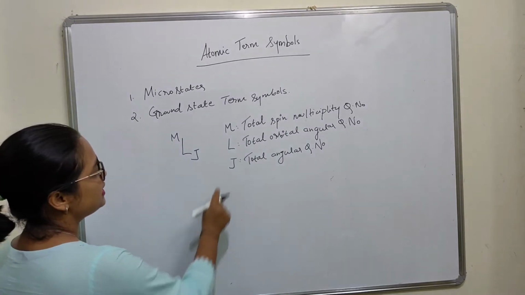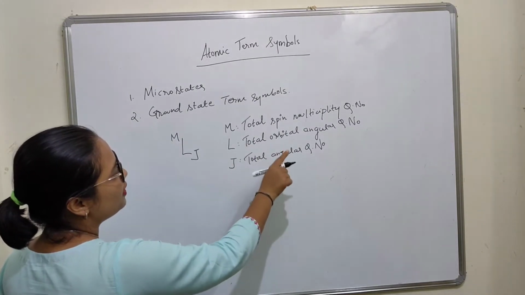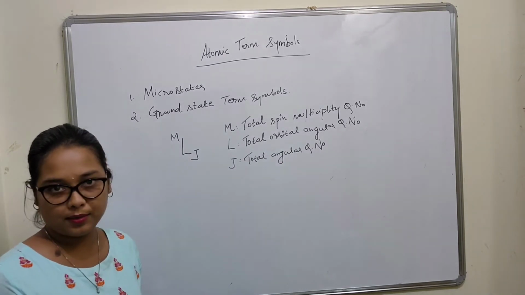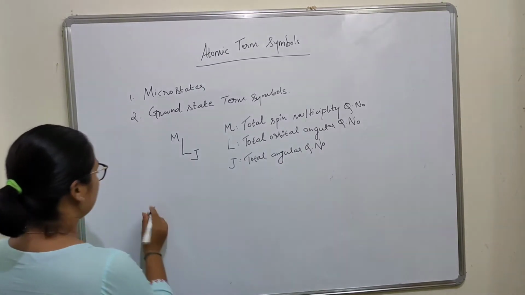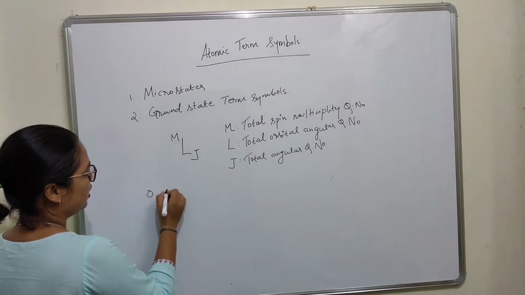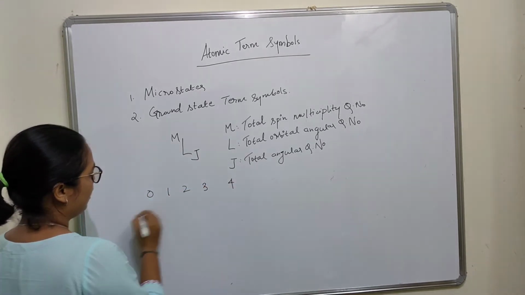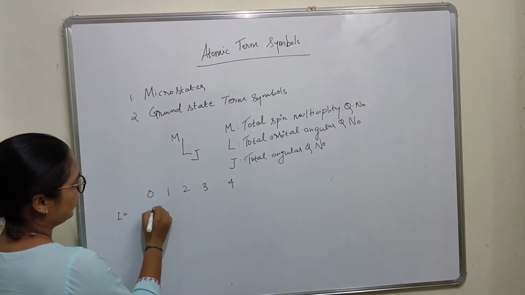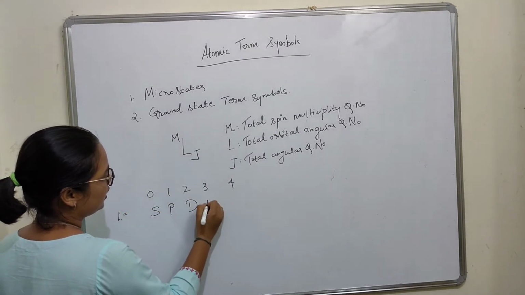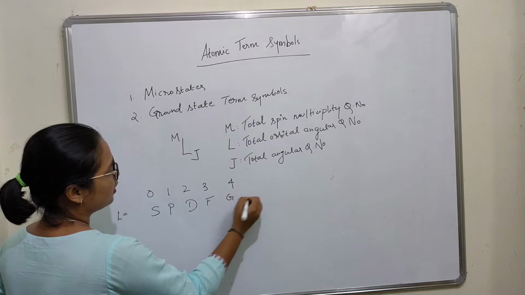Next is L. L is the total orbital angular quantum number. To find out L, there is a very simple way wherein you have 0, 1, 2, 3, 4, wherein the L is going to be S, P, D, F, G and so on.